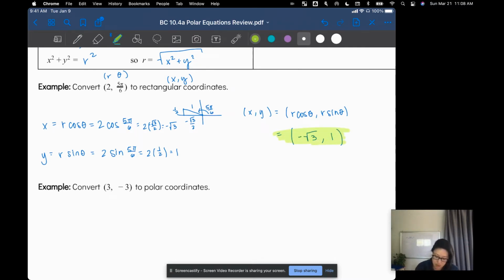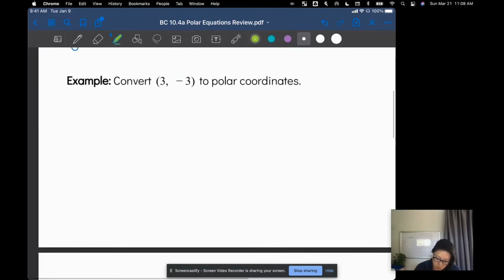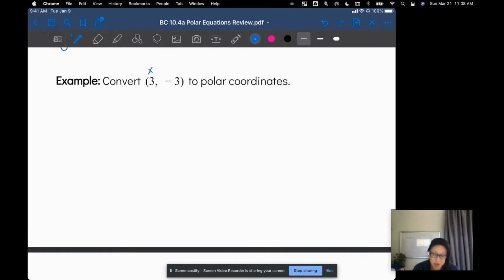Okay, so now let's go ahead and convert to polar form. I started with an x and a y, and what we want to change to is our point in terms of r and theta, r comma theta.